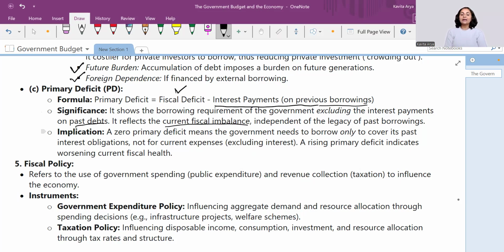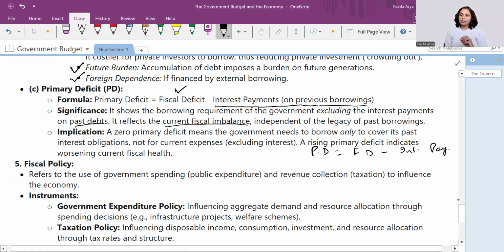Right. So the implication is a zero primary deficit means the government needs to borrow only to cover the past interest, not for the current expenses. Now, let me explain this with the help of this formula only. The primary deficit is equal to fiscal deficit minus interest payments.